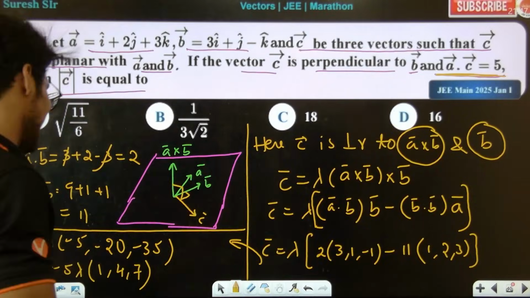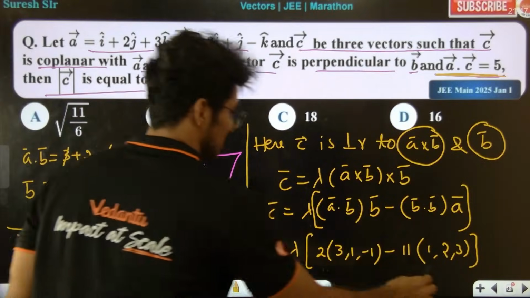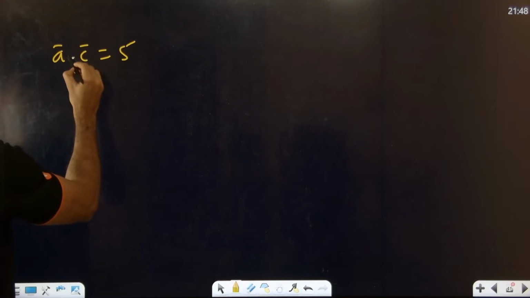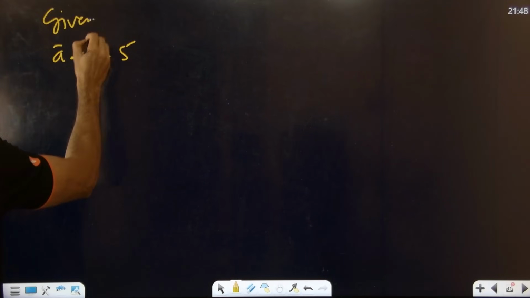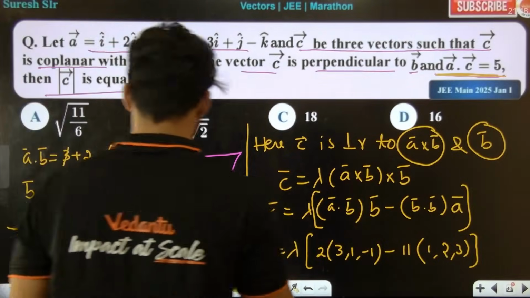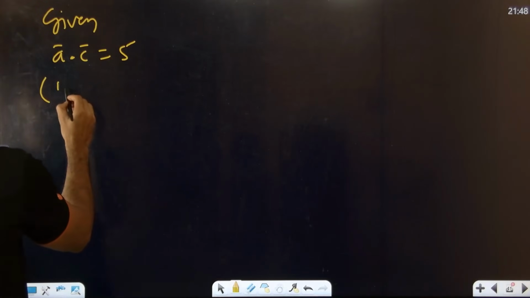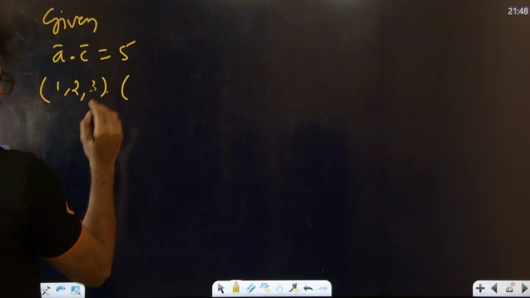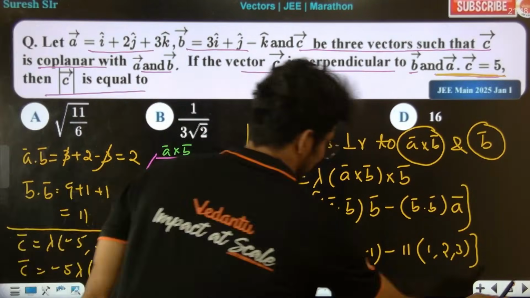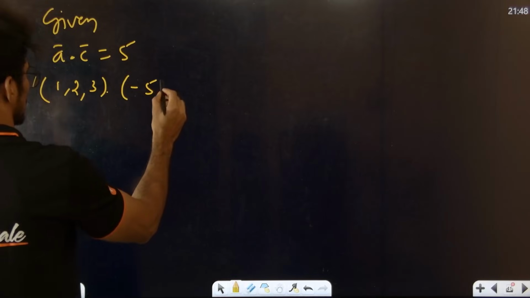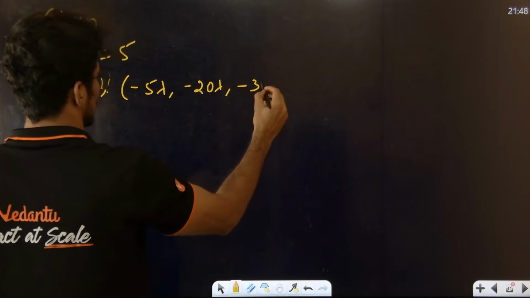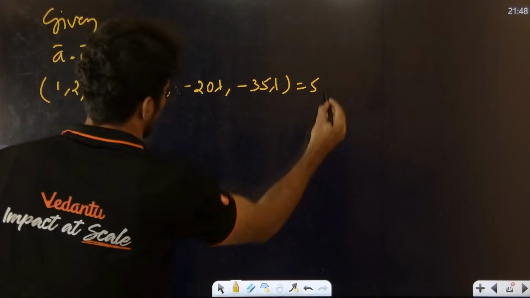Okay? We will do one thing on the next page. A dot C is 5. What was A? 1, 2, 3 dot C. What is C? Minus 5 lambda (1, 4, 7). So minus 5 lambda minus 20 lambda minus 35 lambda is equal to 5.